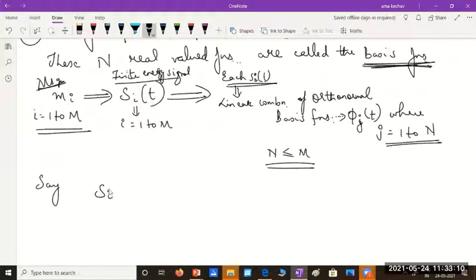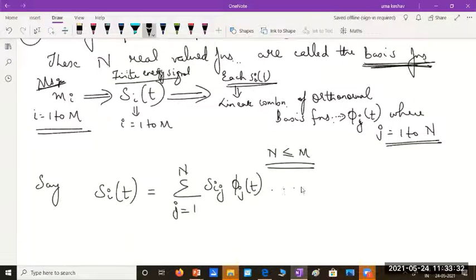So how to represent Si of t: Si of t is the summation, j equal to 1 to n, of Sij, a constant coefficient, times phi j of t, where small t lies between 0 and capital T. Remember, this capital T is one time period, the duration.